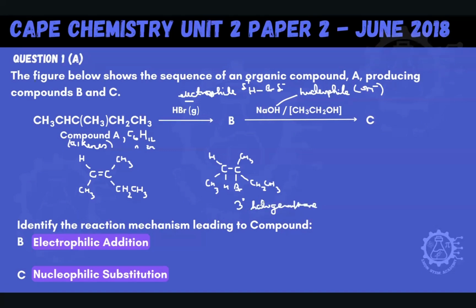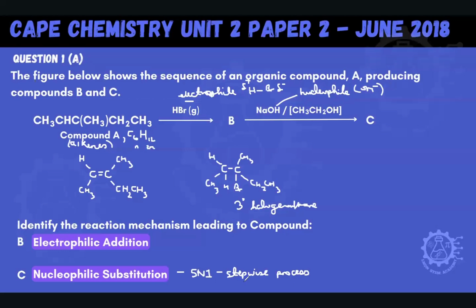So if it's a tertiary halogenoalkane undergoing a nucleophilic substitution, it's a special kind and it's known as SN1. And it's a stepwise process. So let's just make sure that you're clear on that distinction. When it's a tertiary halogenoalkane, we're going to have a special kind of nucleophilic substitution known as SN1.